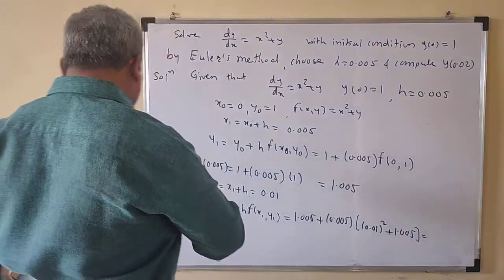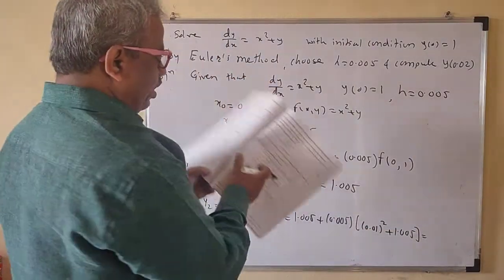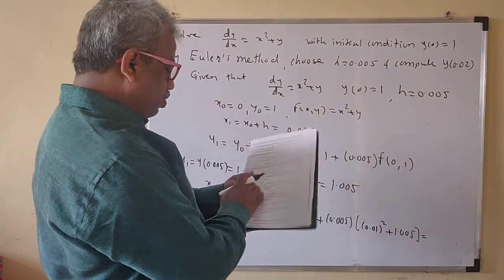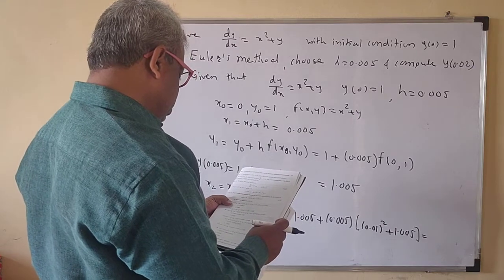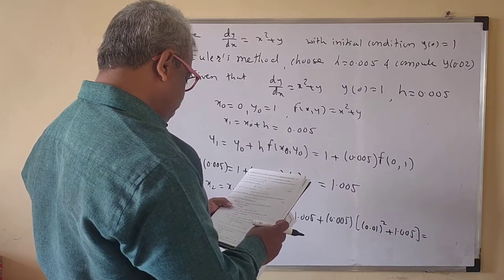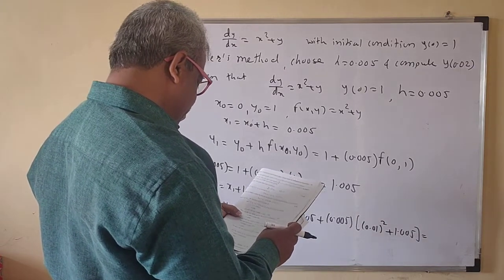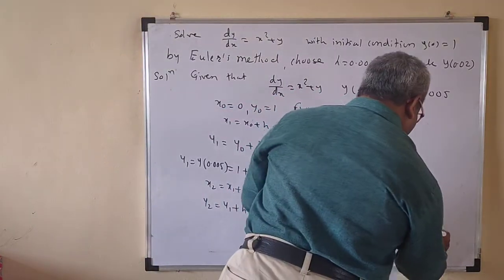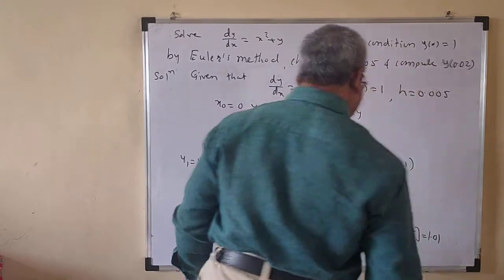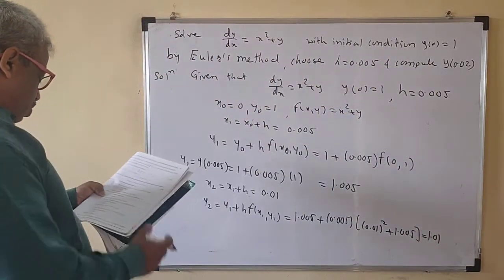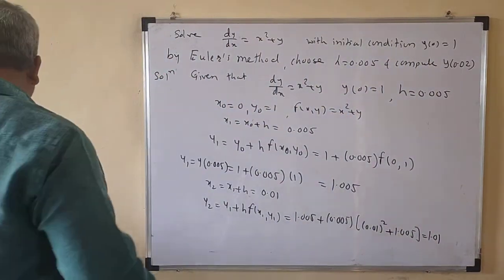Just type as it is along with the bracket. So you will get the value. You will get this as 1.01.